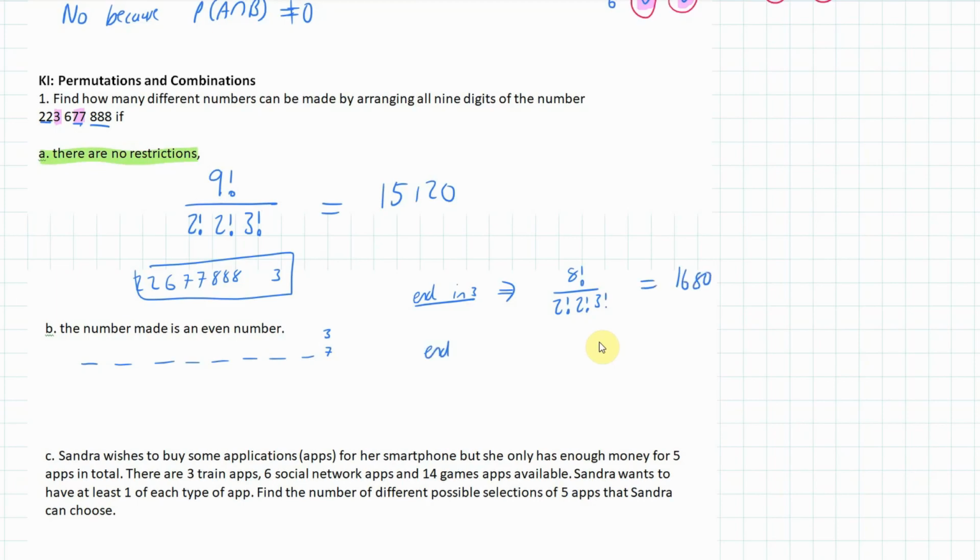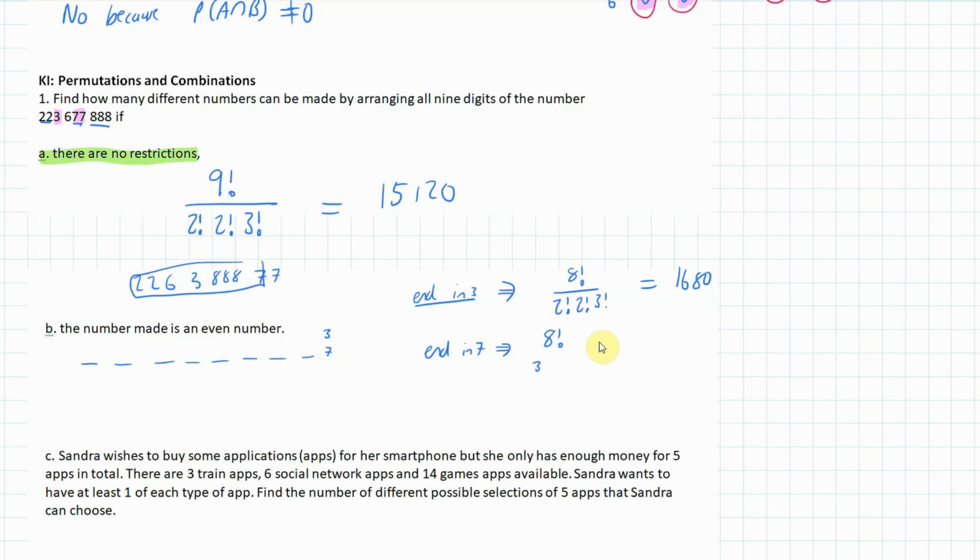Now, end in 7. If you end in 7, what do we get? 3 and then 7. Now if we end in 7, I guess we go 8 factorial ways, and so we're looking at these guys here.